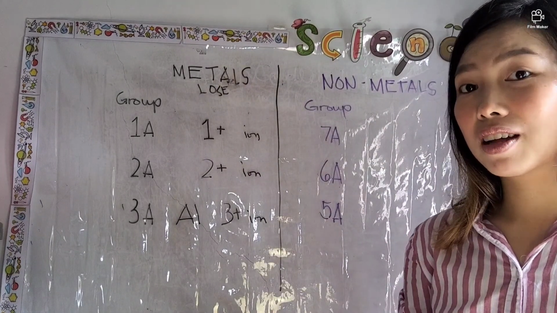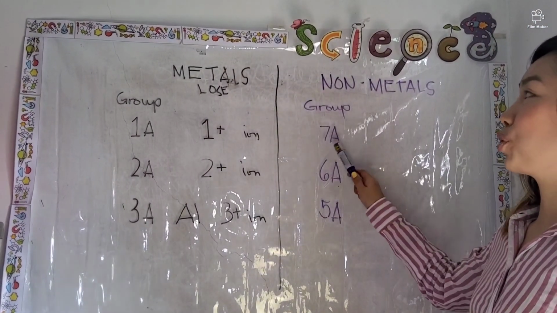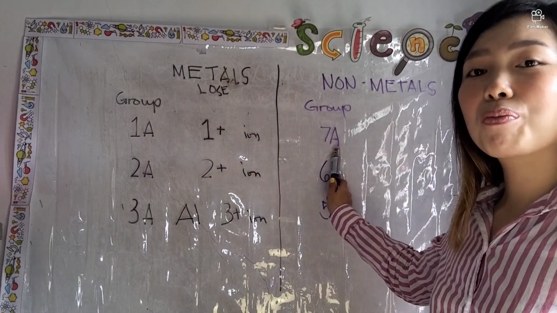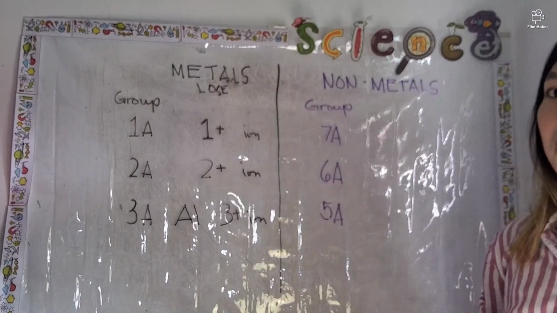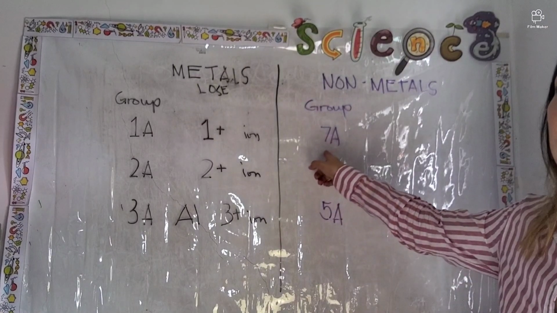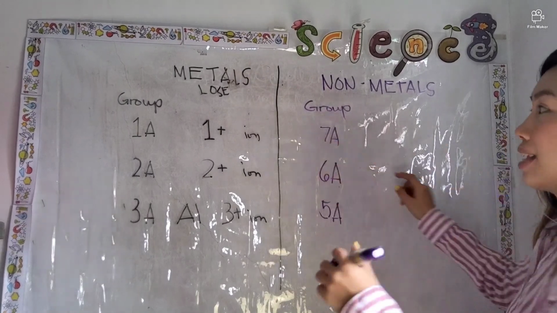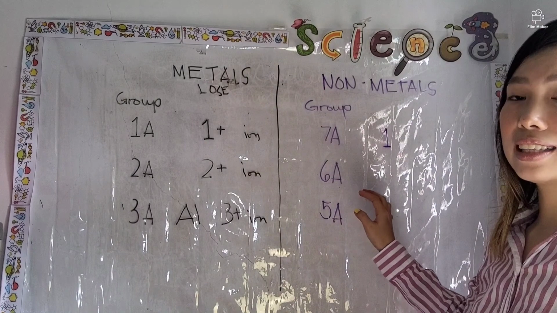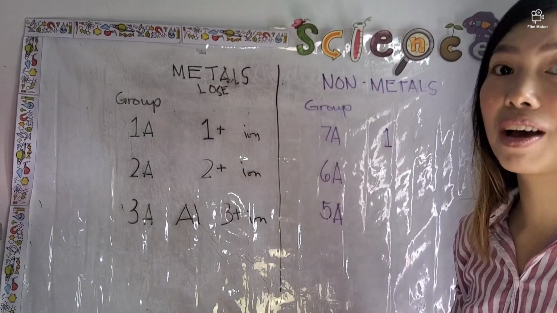So pagdating naman sa non-metals that are found on group 7A, lahat ng elements na makikita mo sa group 7A ay mag-gain o tatanggap ng, syempre hindi 7. Ang kailangan nila ay 1 para maging stable. So ang tatanggapin nila ay isang electron, at dahil nag-gain sila ng electron, they will become negative ion.